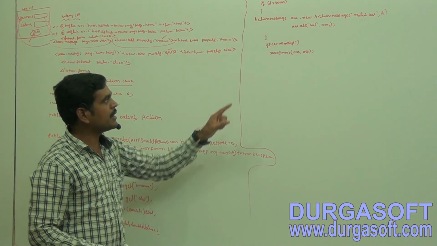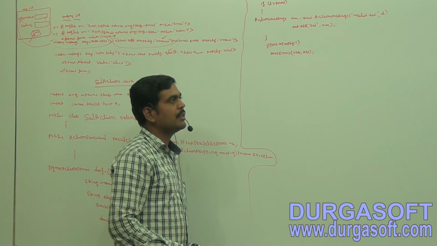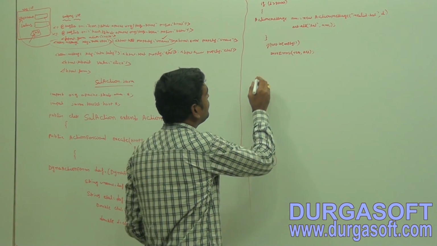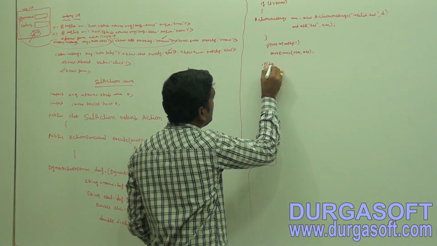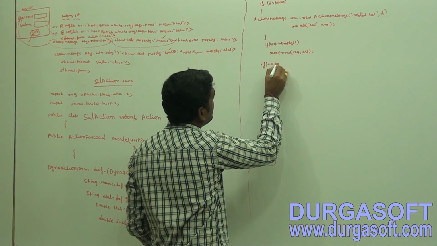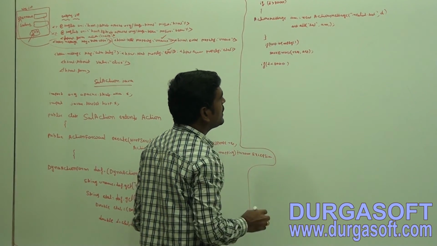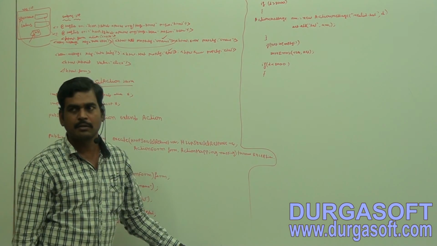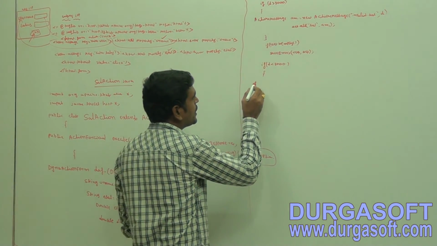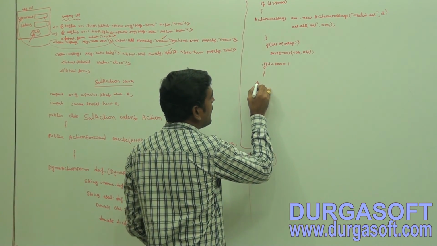The next: this condition is over, right? The next if d less than 8,000, then we can provide the bonus. How to provide the bonus?